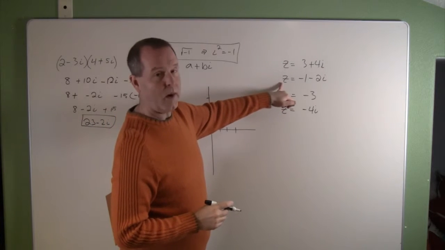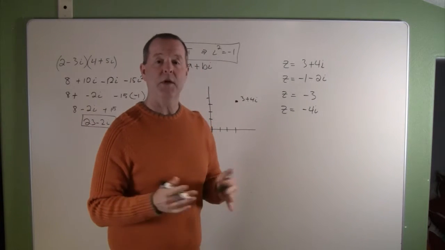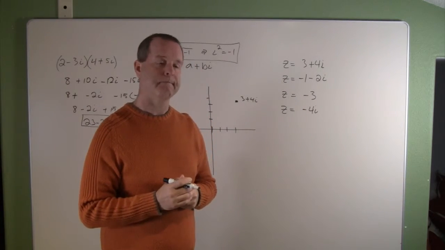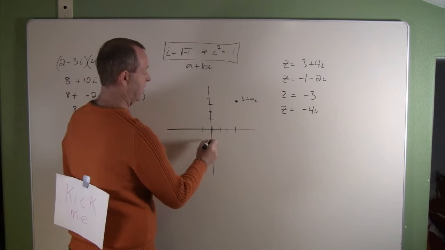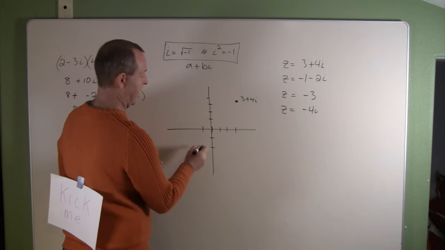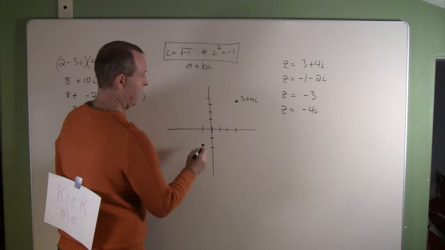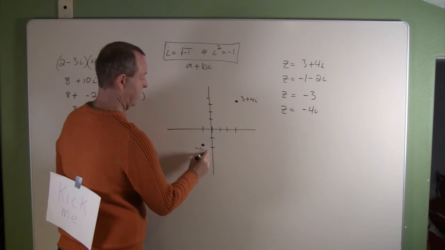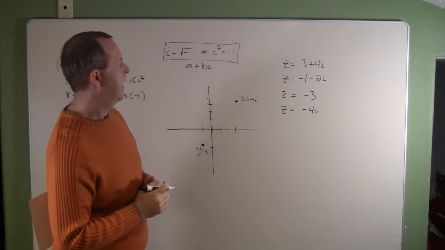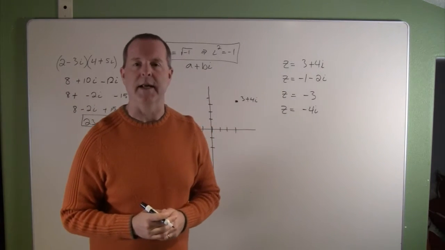The next one, the point Z, -1 minus 2i. What do you think we're going to do? Well, -1, we go backwards on the x-axis, and we're going to go down on the imaginary axis. And I have a point there. That's the point -1 minus 2i. Next, Z equals -3.